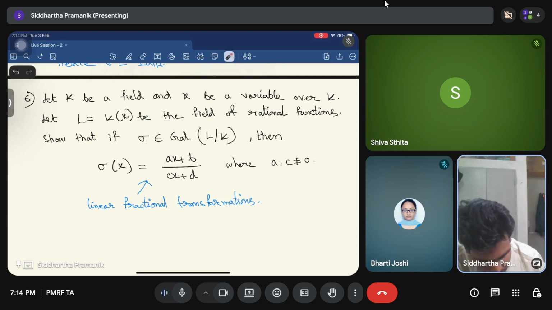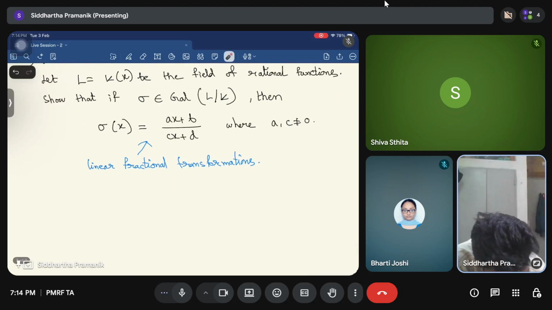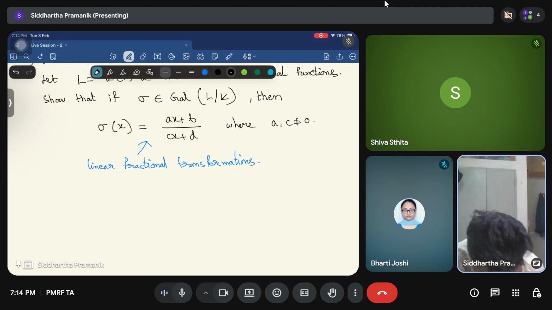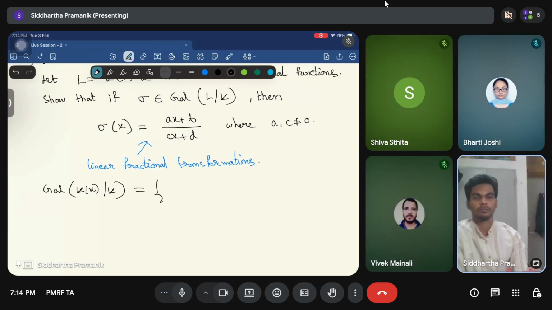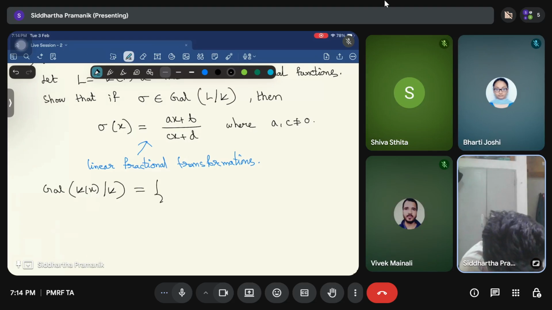So in particular, this will prove that the Galois group of this rational function field is basically of this form. Okay, how to write this?